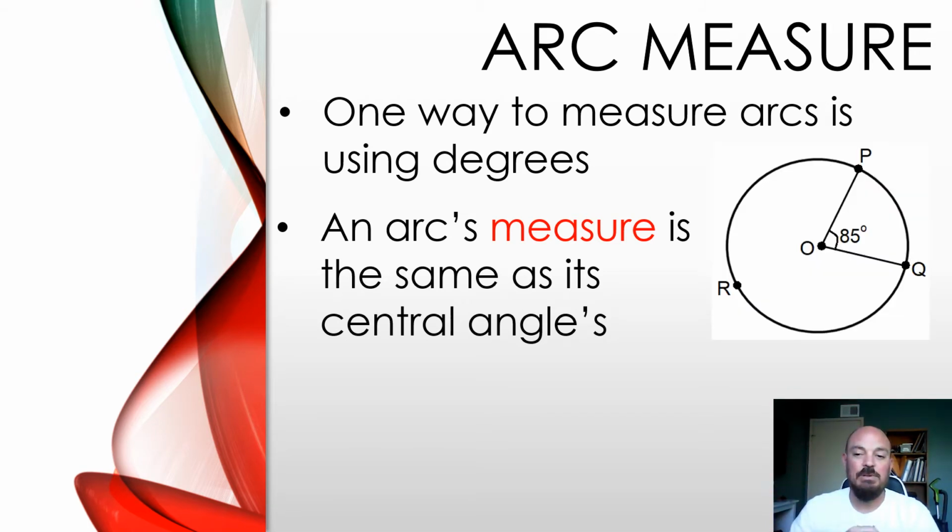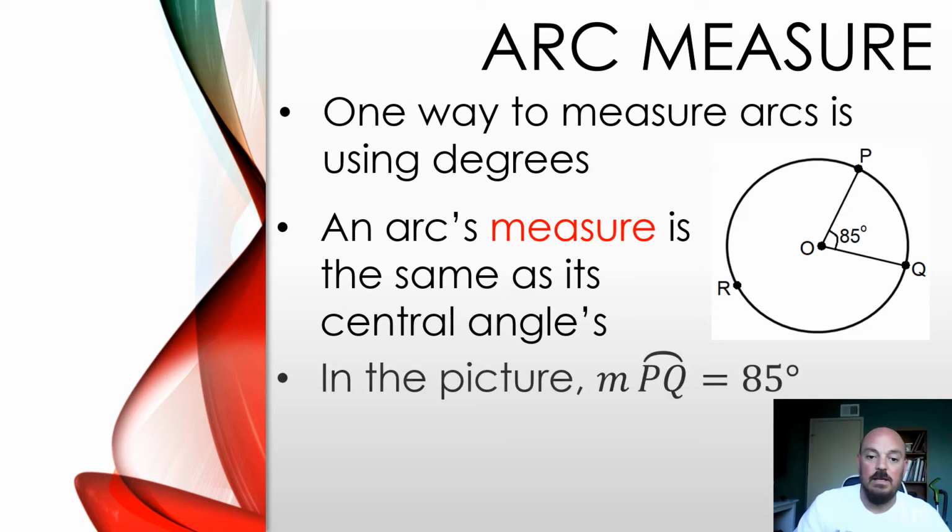Meaning, if we go back to a picture like that one before, where I drew a central angle, this time I give you a number. I said the central angle is 85 degrees. That means the arc in between that angle, this arc right here from P to Q, I'll highlight it in red, also equals 85 degrees.